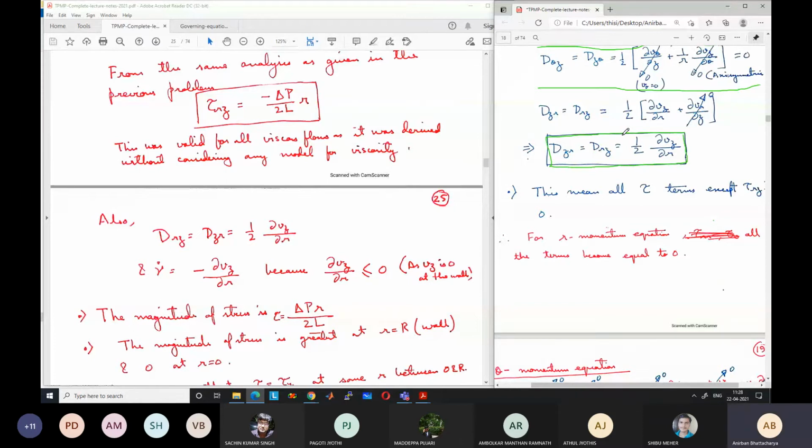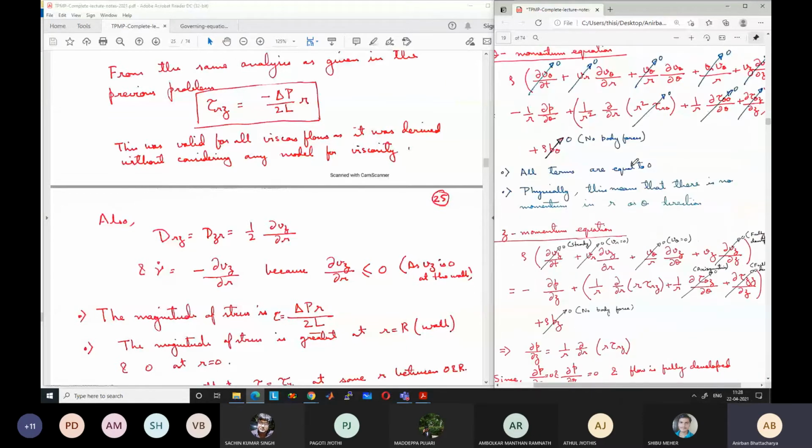Then all the tau terms were 0 except tau rz. Tau rz will be proportional to drz. And what else had we obtained? We had obtained that tau rz is equal to minus delta p by 2l into r.